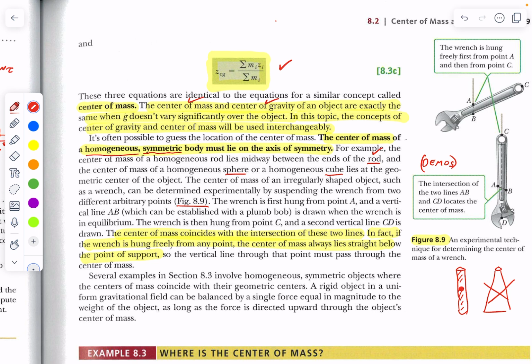We can say the same thing for a sphere. If the sphere is all made out of the same stuff and it's not an oblong or anything, the center of mass is going to be at the dead center of the sphere.